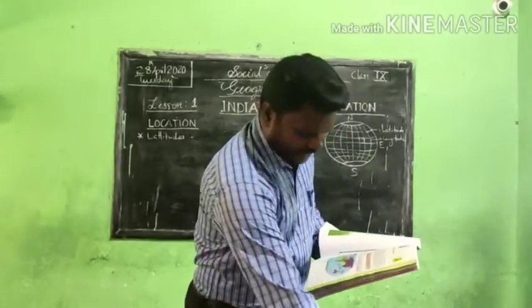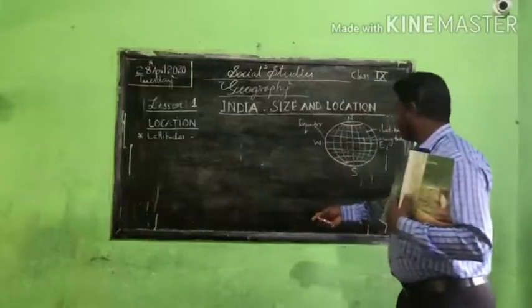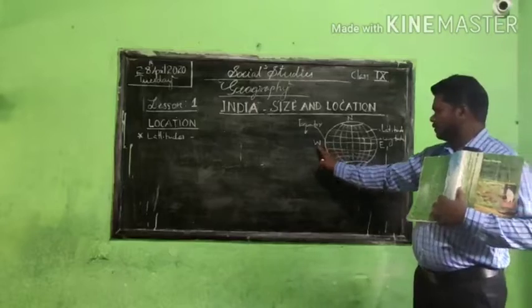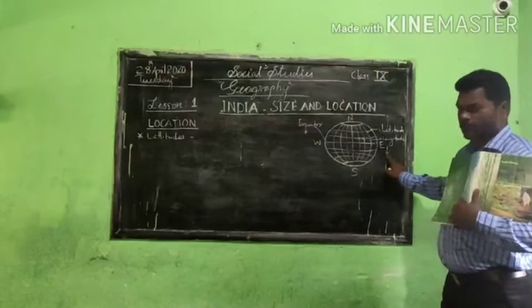So you know that, especially while we are learning, this is the globe, this is the north pole, this is the south pole, and this is the west, and this is the east, which we already understand.